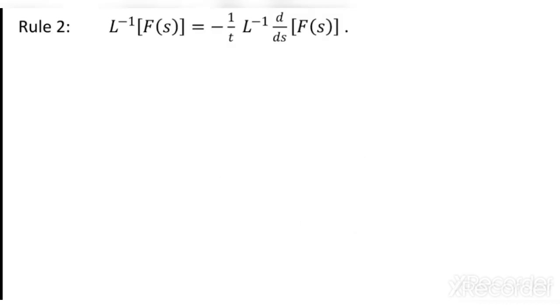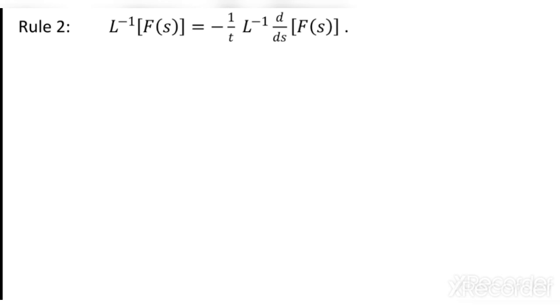So I have the next result, L inverse of f of s. So when we can have L inverse of f of s, that means in some expression we can't get immediately the L inverse.